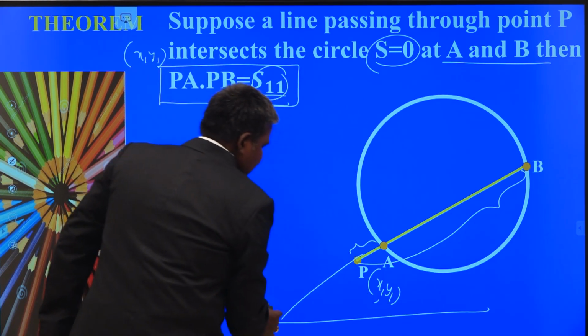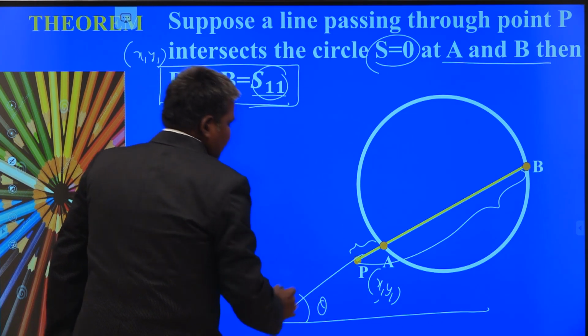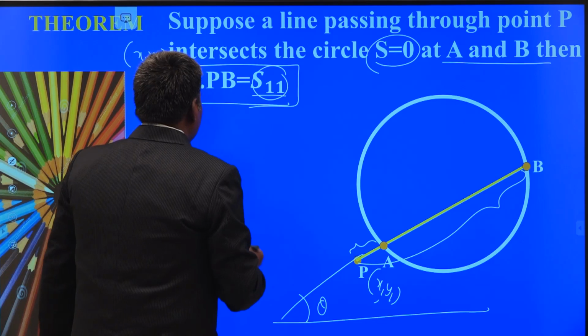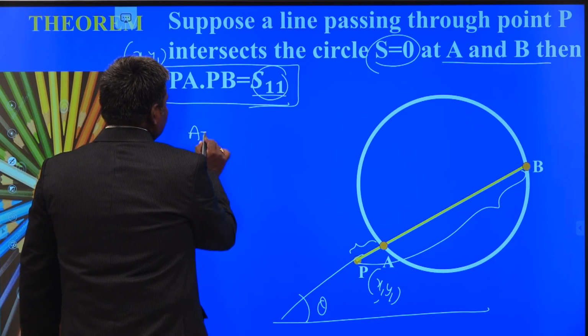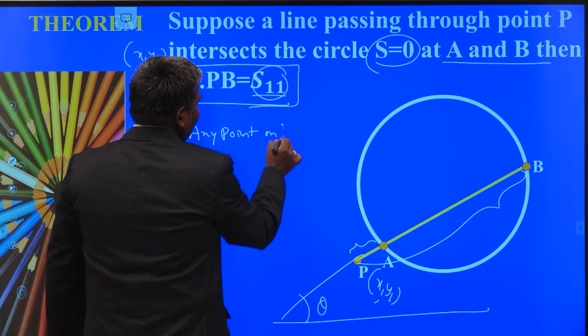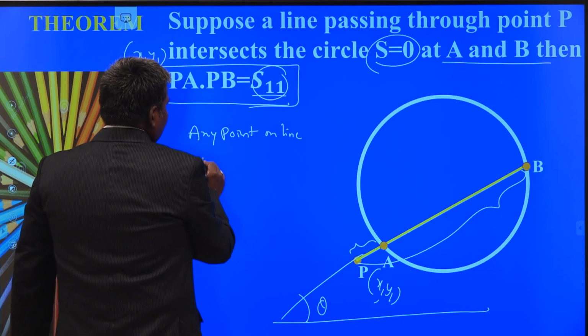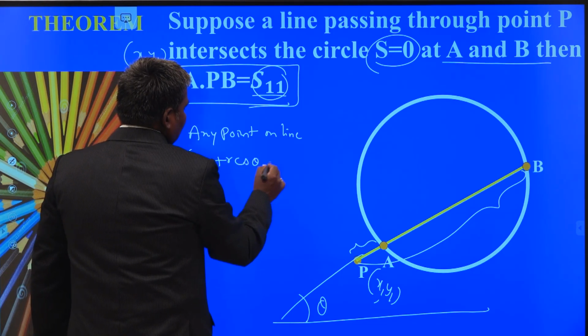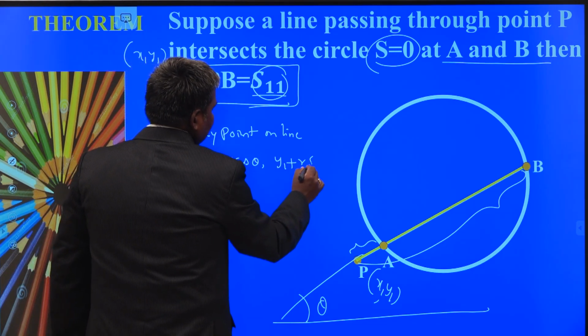Suppose my line makes an angle theta with the positive direction of the x-axis. So any point on the line is x1 plus r cos theta, comma, y1 plus r sin theta.